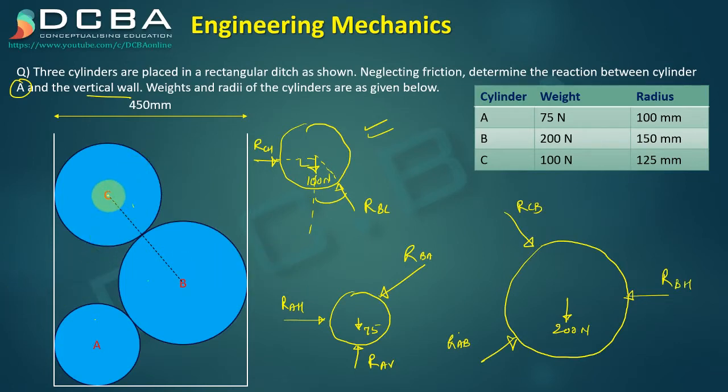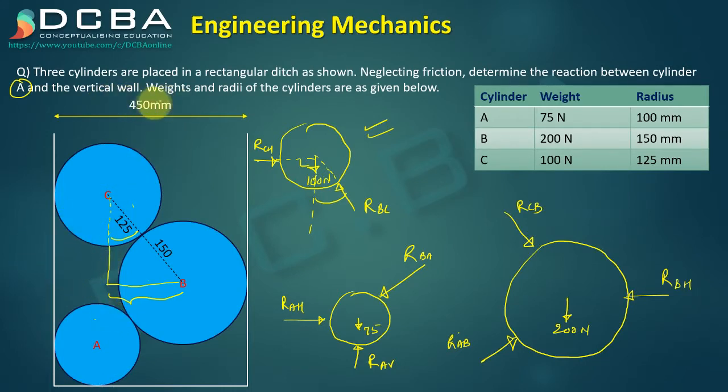If I draw a vertical from here, this is the angle that we need, correct? In this right angle triangle, I need either this vertical height or this horizontal distance. Which is easier to find, we'll see.